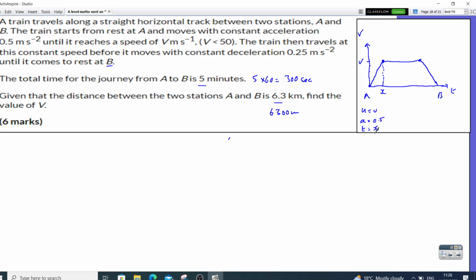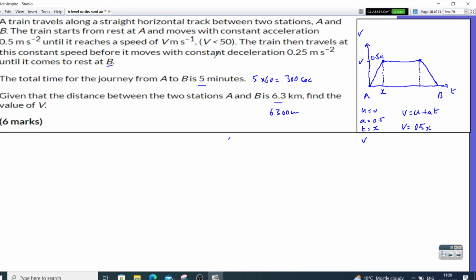So to find the velocity, we're going to use the formula V equals U plus AT. Therefore V would equal initial velocity 0, plus 0.5 acceleration times the time X, so it will reach a velocity of 0.5x.